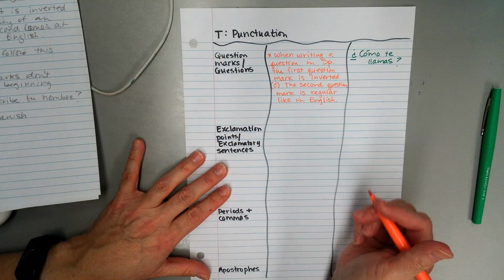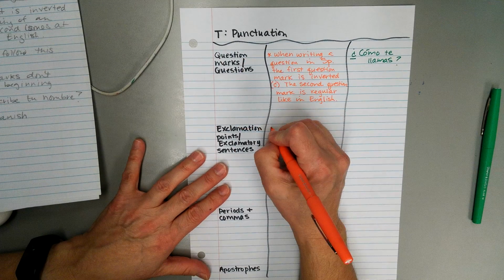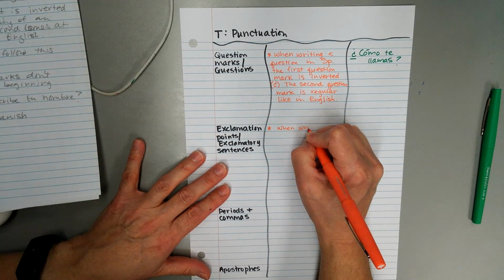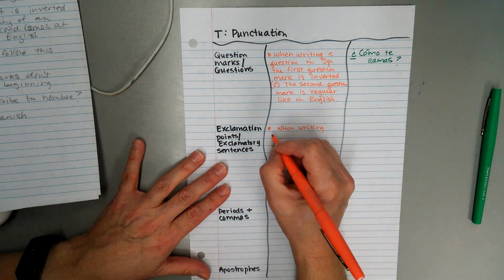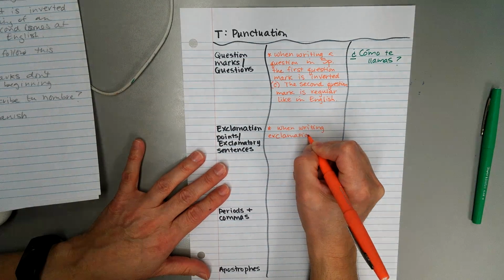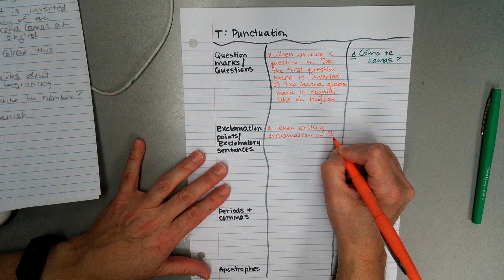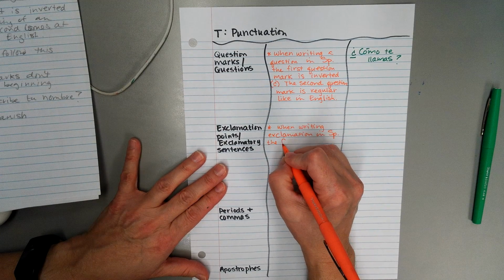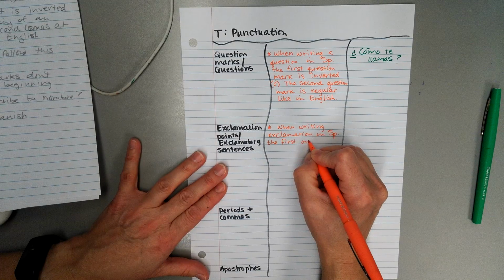Exclamation points and exclamatory sentences, same thing as the question marks. Okay. So when writing exclamation points in Spanish, I'm going to abbreviate Spanish. Again, the first one is inverted.